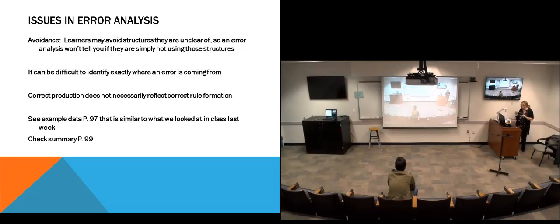If you look at the thing on page 97, you'll see data very similar to what we looked at in class last week, where we had a look at stages of development, okay?